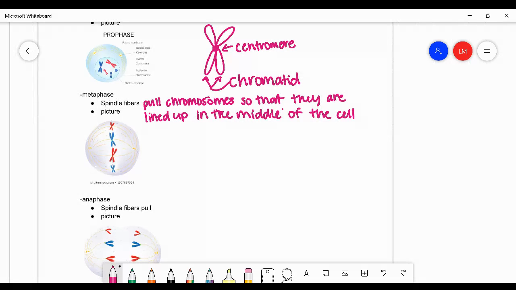So humans have 46 chromosomes. Our cells during metaphase have all 46 all in a row right there.